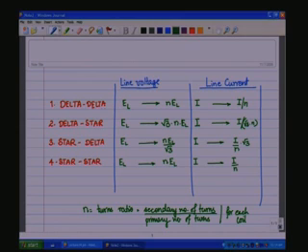Note that with respect to the delta and the star star here, if we have, let us say, in both cases a given voltage, in that case the windings of the transformer here will have to withstand a higher voltage.